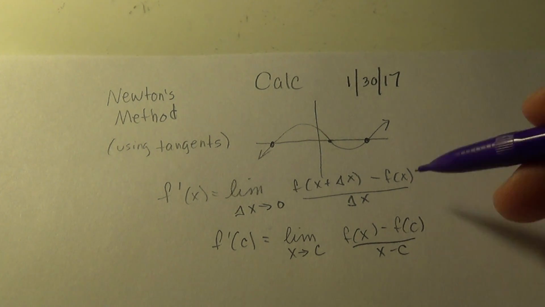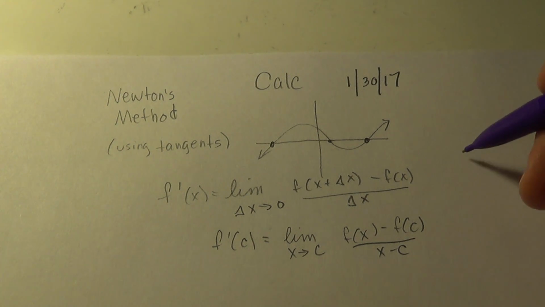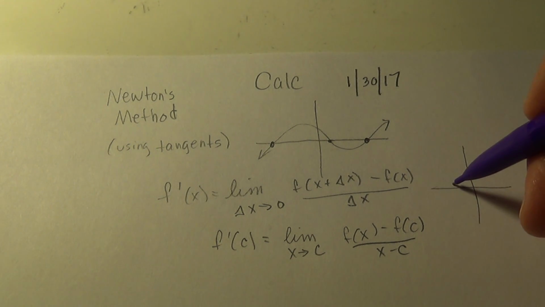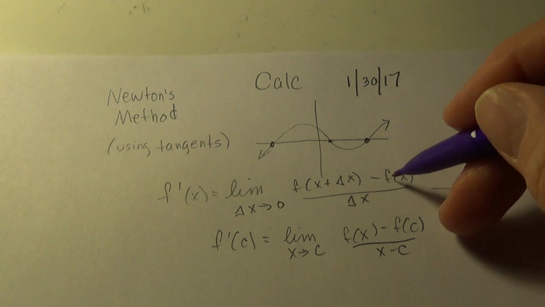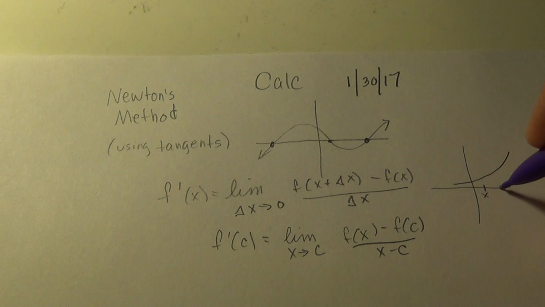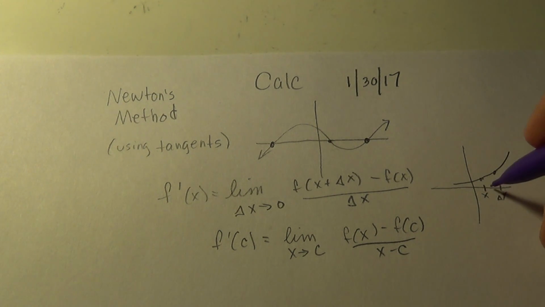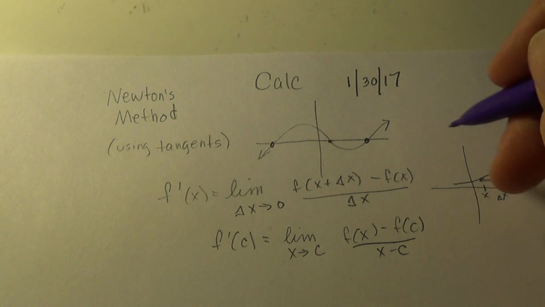And if you examine these, you'll see that when you're looking at the derivative, which is the slope of a tangent, this one will look at x here and change of x here and come up and get the difference here, and then divide by change of x. So we have a rise over the run situation.